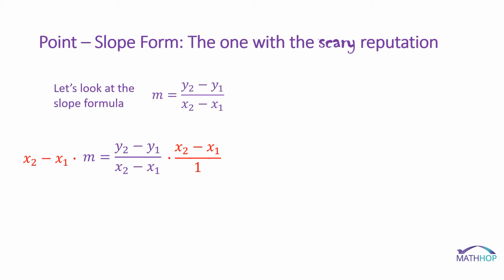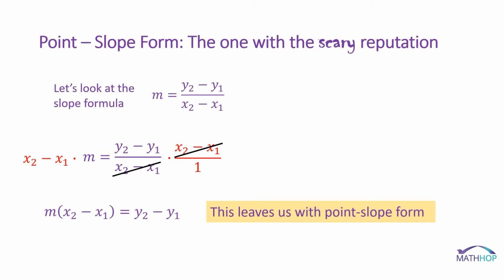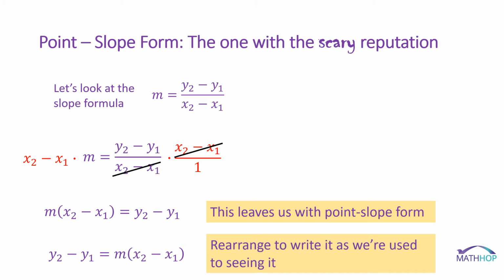When we do that, we will see that it divides out on the right-hand side of the equation exactly like we wanted, and we are left with m, the slope, times the change in x, right? m times the quantity x2 minus x1 simply means m times the change in x equals the change in y. Okay, and that is point-slope form, but it's not really the form we all know, so we're going to flip it. Put the y2 minus y1 on the left-hand side because that's how we're all used to it. Just rearrange it so that it looks a little more friendly.